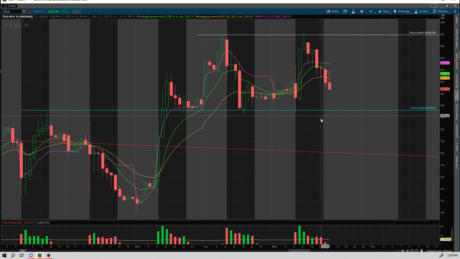We didn't have as aggressive sellers as we had yesterday. So if you guys can see yesterday, look at this right here. There were 12 million shares that sold off here, and on this one it was 9 million, and this one here, it was 8 million. So this is just 12 million in one candle.